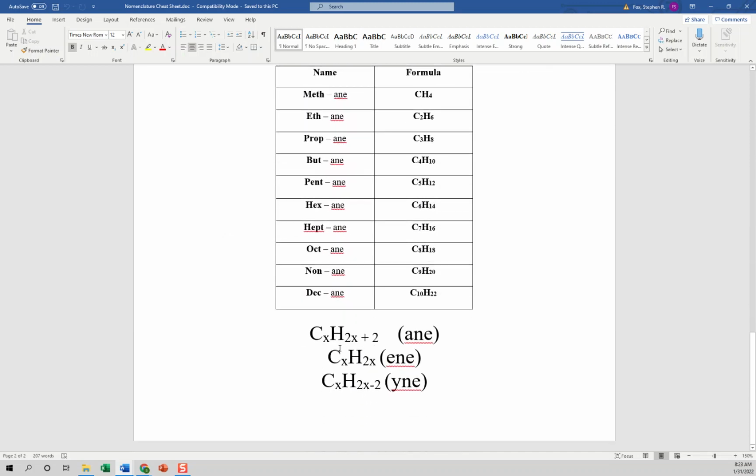And then these patterns for our hydrocarbons. Is it an alkane? Is it following this pattern? Is it an alkene? Is it following that formula? And if it's an alkyne, it's following that formula. So we're jumping into this practice test with the assumption that you're familiar with all this stuff. If you're not, you've got to go back and review.